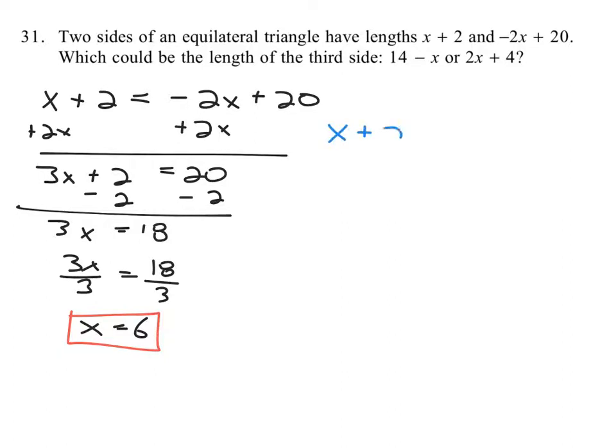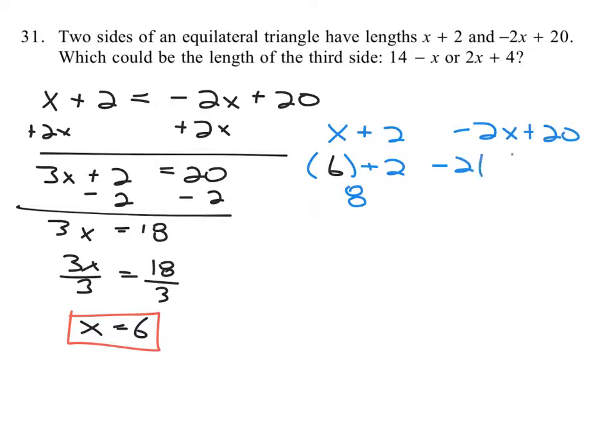If one of the expressions is x plus 2, then that means 6 plus 2, or a side length of 8. Let's do it again for negative 2x plus 20.